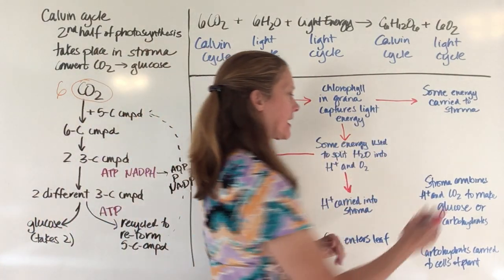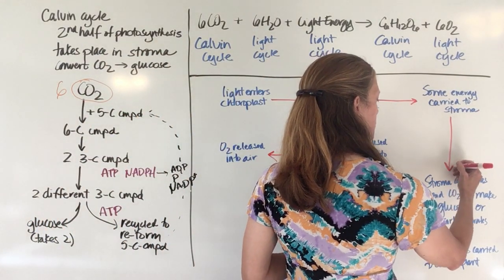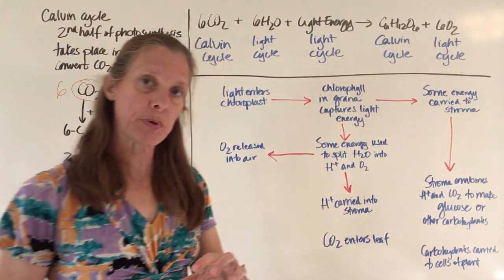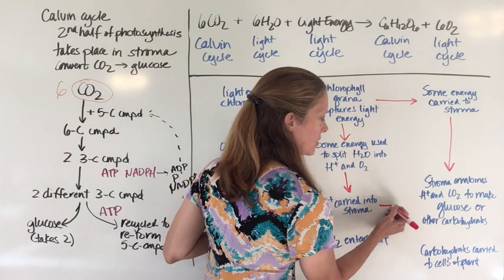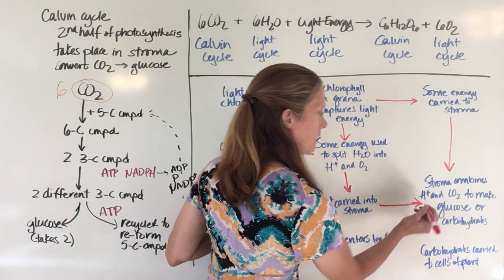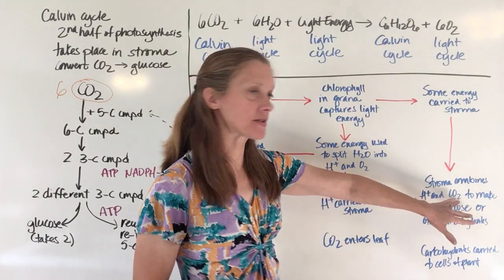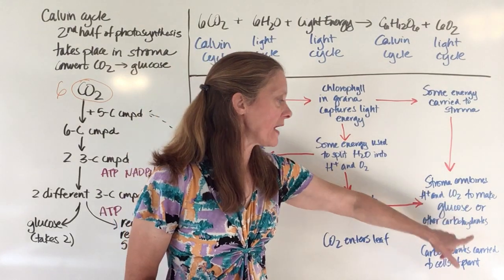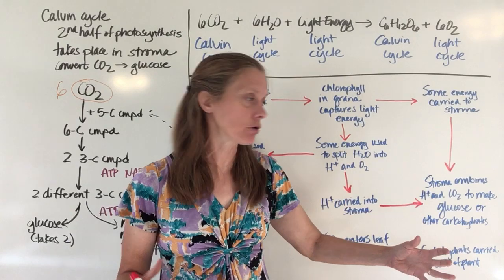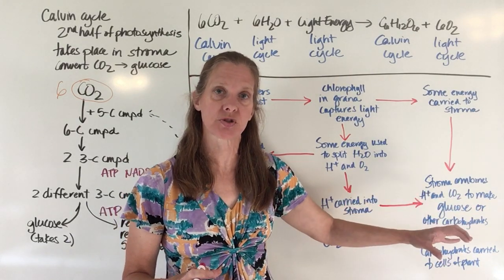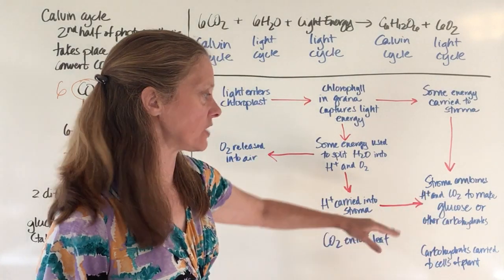The energy that's carried into the stroma then, in the form of ATP and NADPH, is going to be used to take the hydrogen ions and the carbon dioxide that it's going to bring in to make glucose or other carbohydrates. Okay, it doesn't have to be glucose, but that's what we're using for our examples here just because it's the most simple way to think about it.